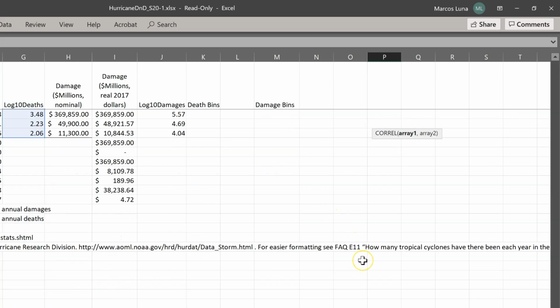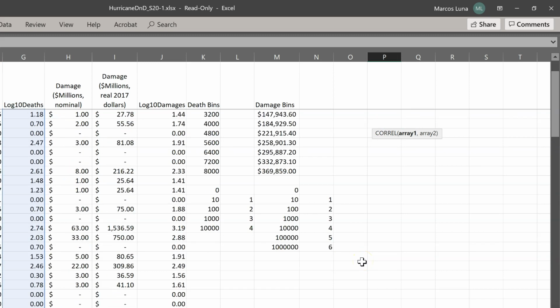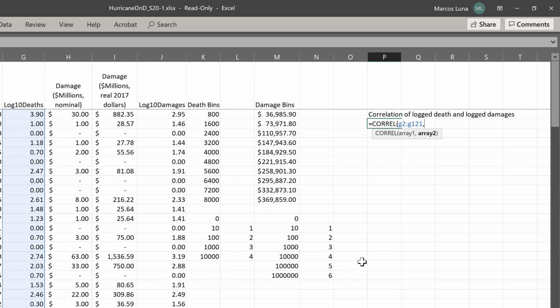Yes. And the second set of numbers is in the J column, J2 to J121. Those two arrays are what we need. It's going to look to see how much they vary together. So we just hit enter, and we end up with a single number, a single statistic that summarizes the level of correlation.